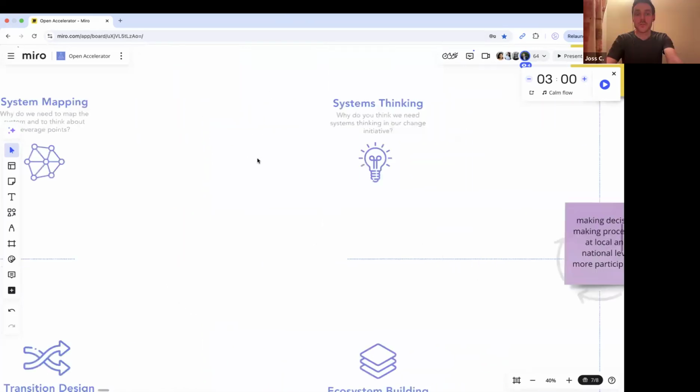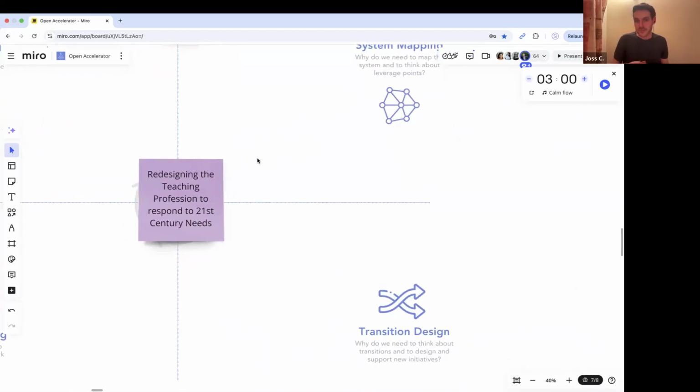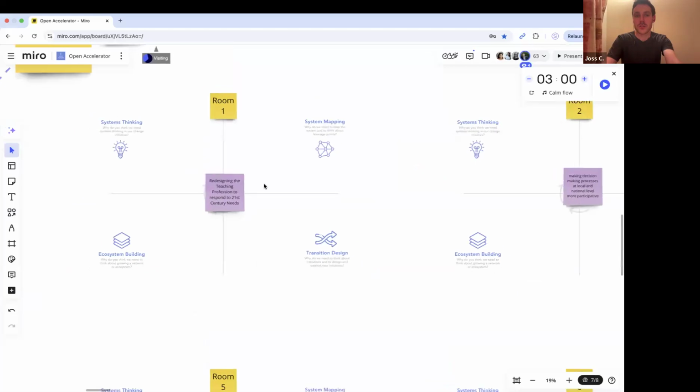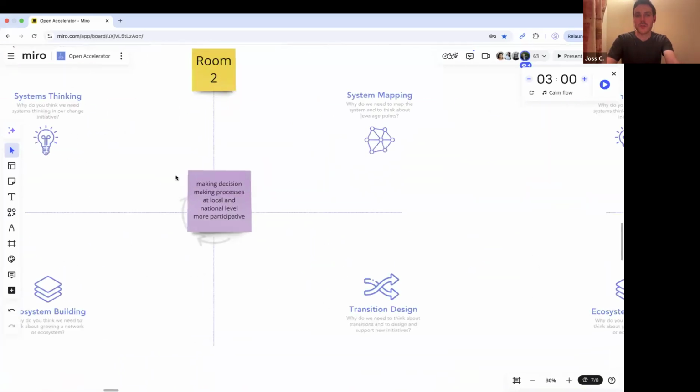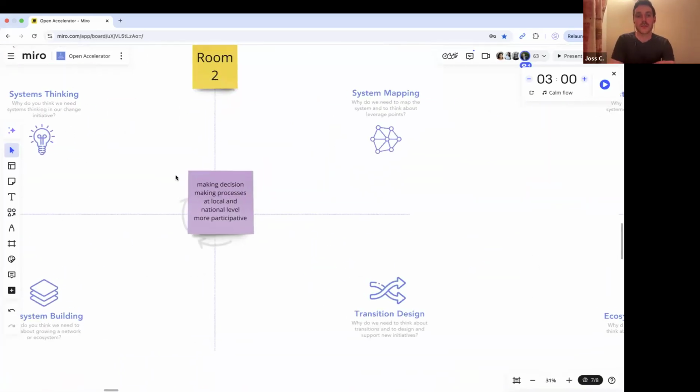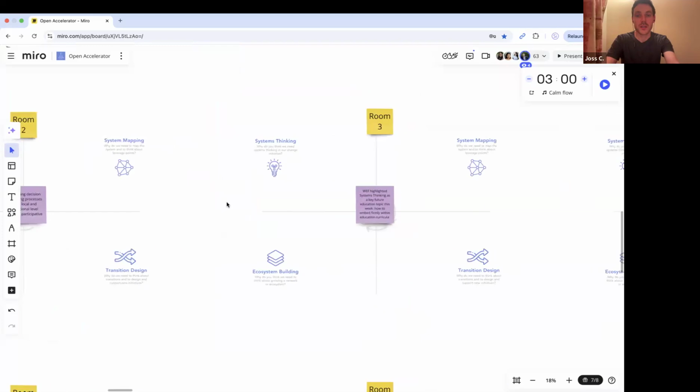Okay, great. So room one was redesigning the teaching profession to respond to 21st century needs. If you posted that challenge, or you'd like to work around that challenge, please join that room. Room two, making decision processes at local and national levels more participative.